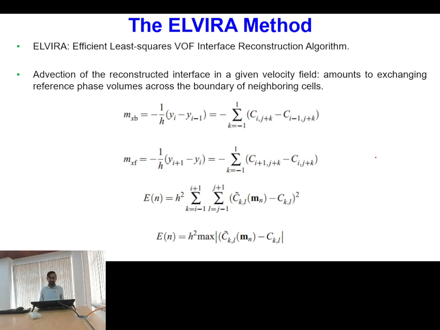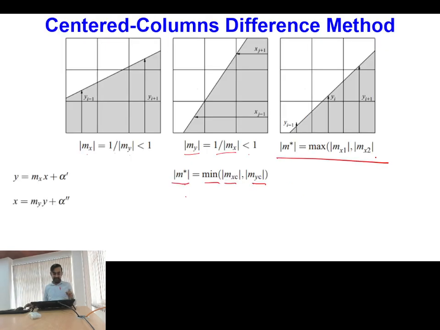How? It tells us that I will not only restrict myself to the center of the column, but I will also calculate the value of the height function for the right corner or for the left corner.